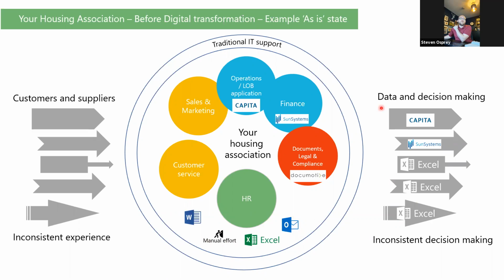And what that drove, as well as general inefficiency, was quite inconsistent decision making. They were getting reports out of Capita and reports out of Sun, and then a whole bunch of Excel dumps. At the operational head meetings or the board meetings, people were arriving with their own different data sets, their own report about how profitable the department had been, or how efficient the tenant management side or operations were.